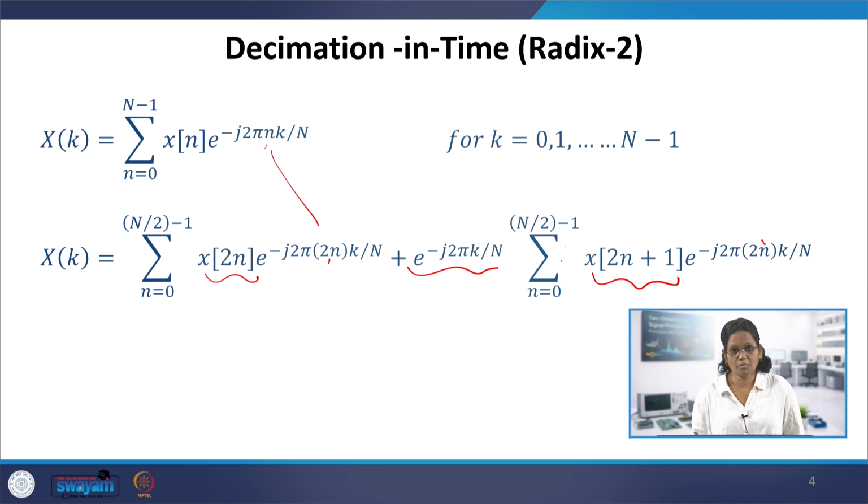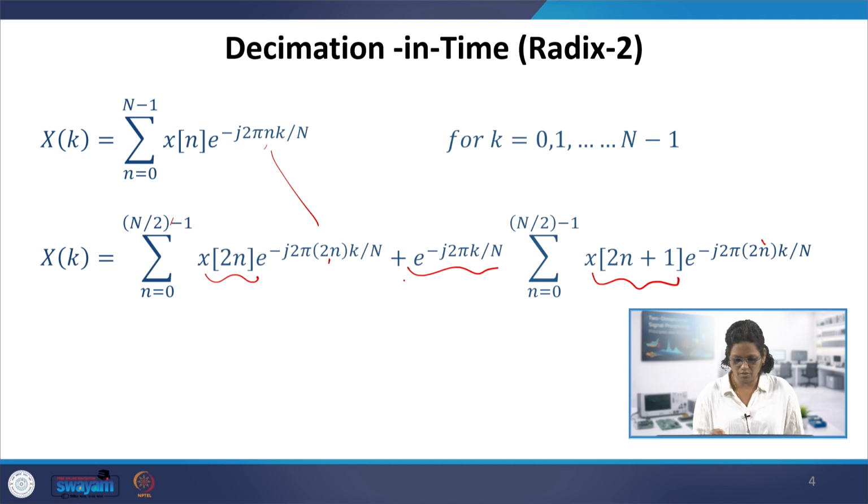But if you look at the summation, once you divide it into even and odd, with 8 samples there are 4 and 4 samples, so those 4 samples should be considered in one summation, and the other 4 samples in the other summation. So n should be from 0 to n by 2 minus 1, not up to n minus 1. So it is two summations, each from 0 to n by 2 minus 1. This is how the first division takes place.